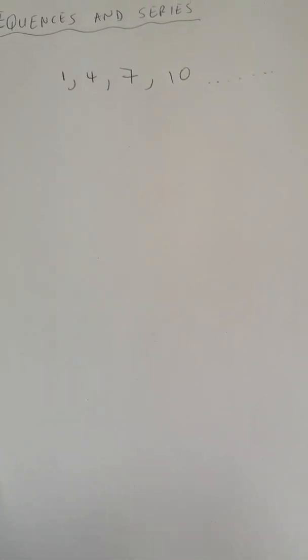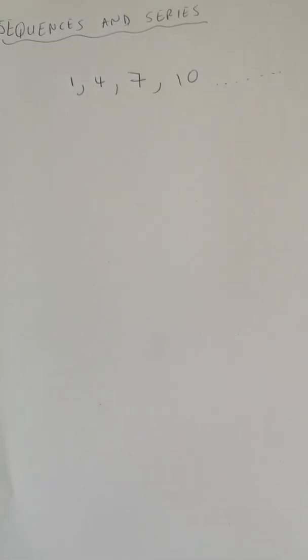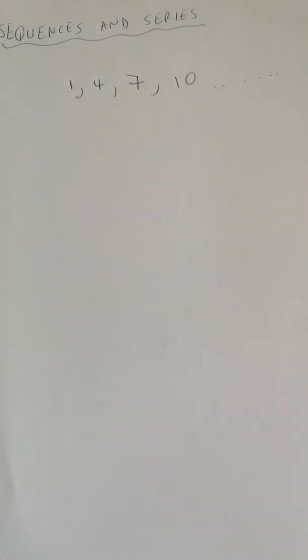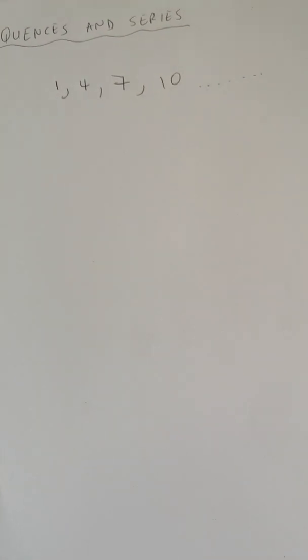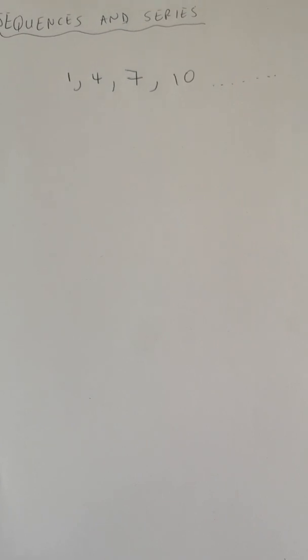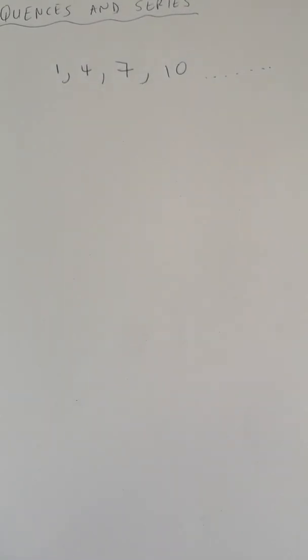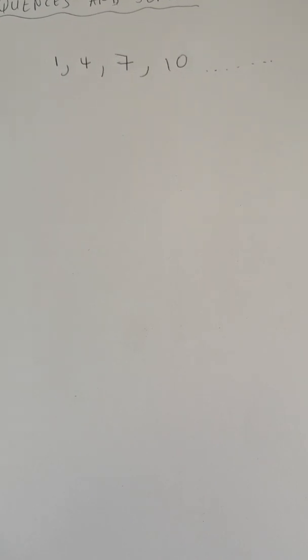So that's an AP, because we identified there is a common difference from one number on the sequence to the other. There is a common difference of 3. 4 minus 1 is 3. 7 minus 4 is 3. 10 minus 7 is 3.